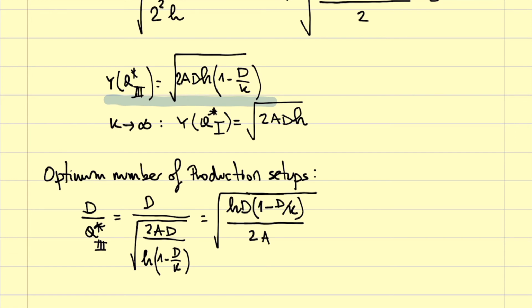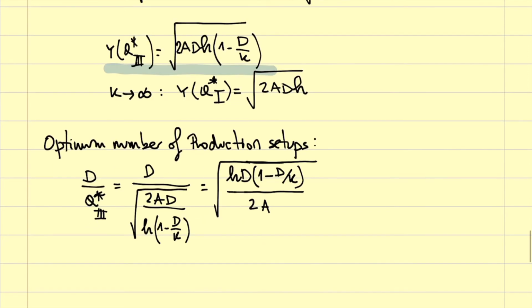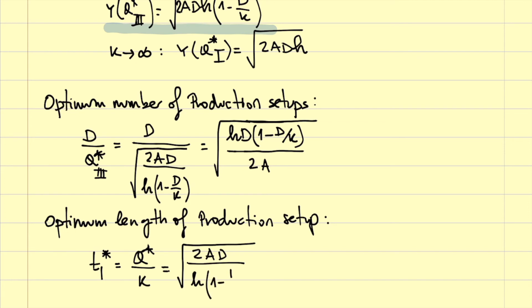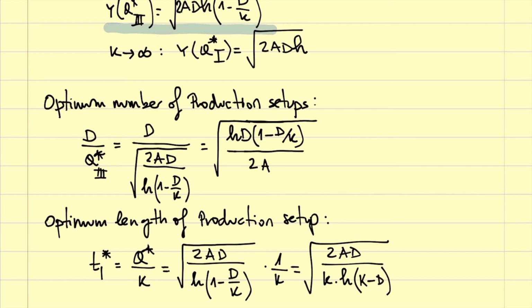The optimum length of production setup, T1 star, equals Q star divided by K. It is 2AD, just applying the formula, 1 minus D divided by K times 1 divided by K, and this is 2AD divided by K times H times K minus D. Okay.